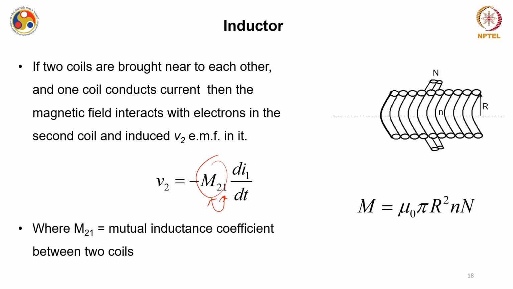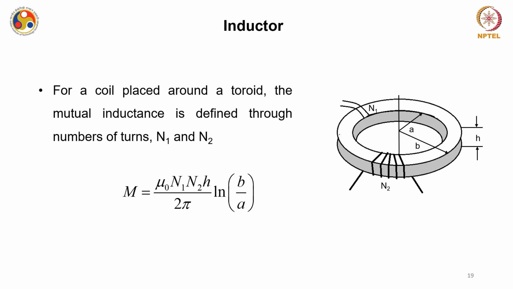And M can be written as mu naught pi R square N into N, where R, N and N have the meaning explained in this figure. For a coil placed around a toroid, for example, the mutual inductance is defined through the number of turns N1 and N2.